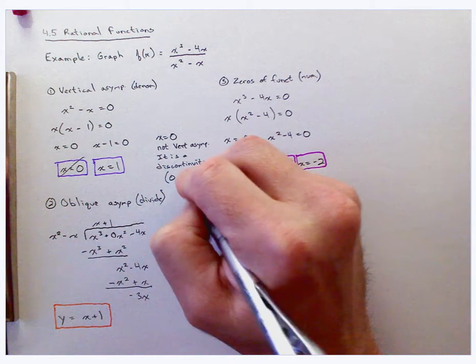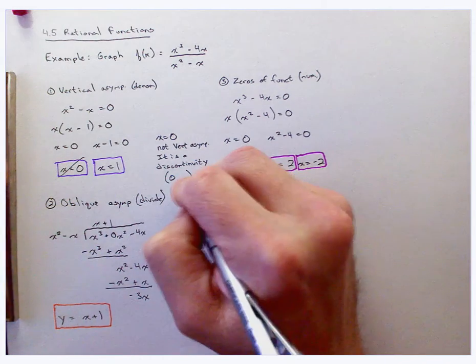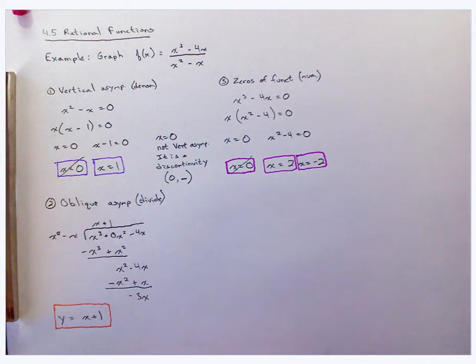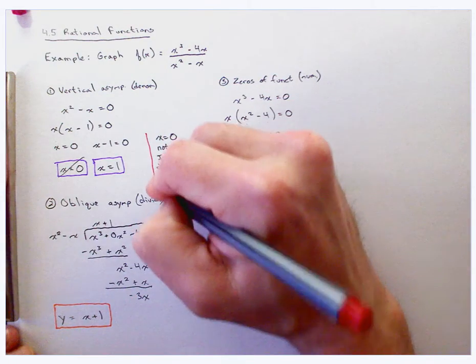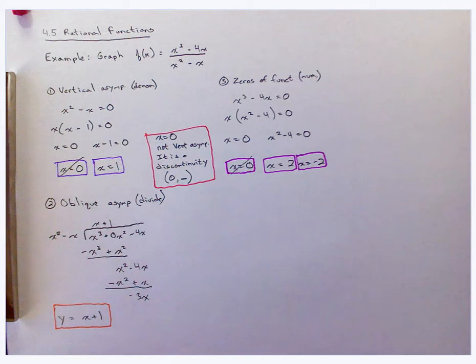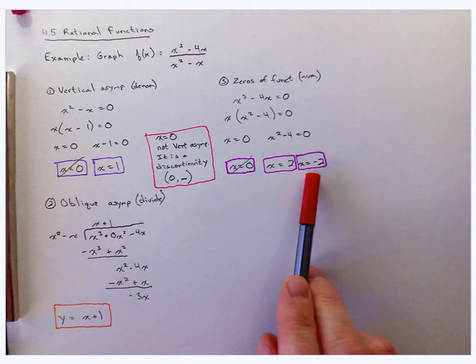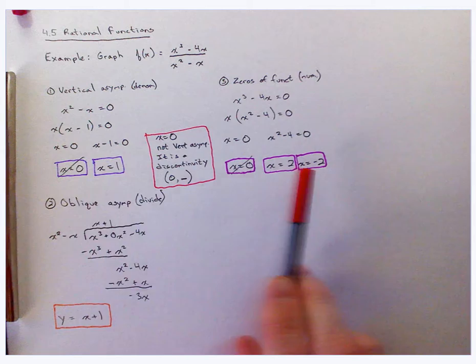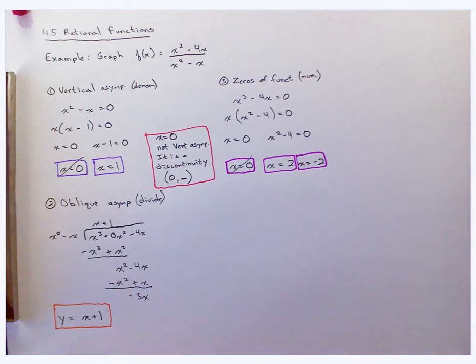We can look at that. So that right there is important. So I only have 2 zeros of the function, 2 places across the x-axis, and I only have 1 vertical asymptote, and this here is a discontinuity.